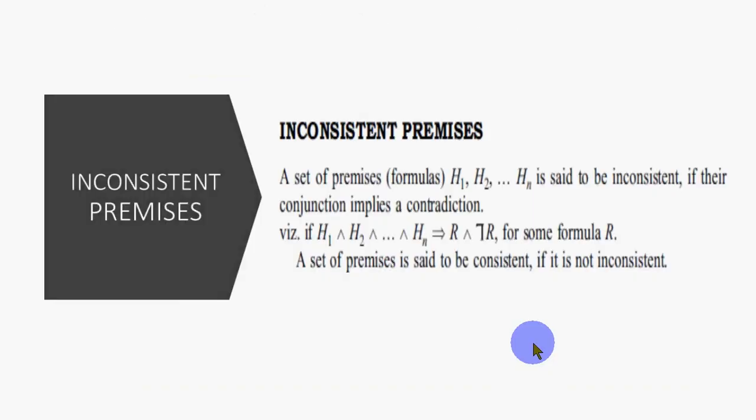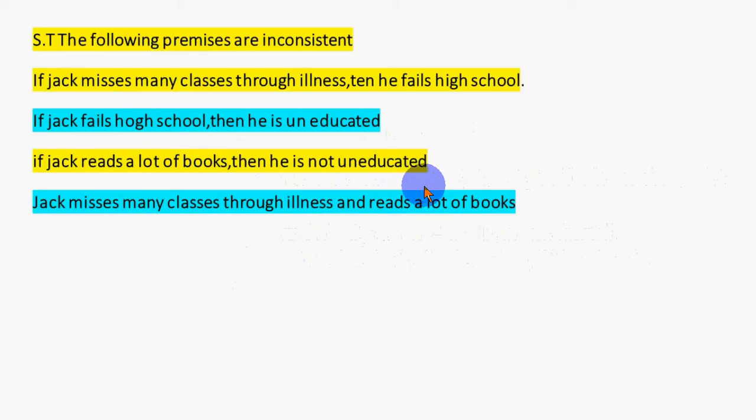Next, we are doing the problem on inconsistency of the premises. How do we have to prove it? The basic difference between inconsistency of the premises and the indirect method in the previous problems: look at the problem. Show that the following premises are inconsistent.